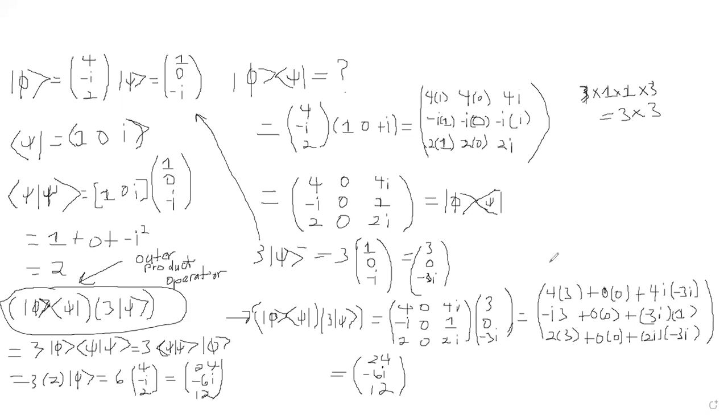You can look at it, check out the math, and I get 24, minus 6i, and 12. Same thing I got here. So you see how this thing works. This is mathematical physics for quantum mechanics.